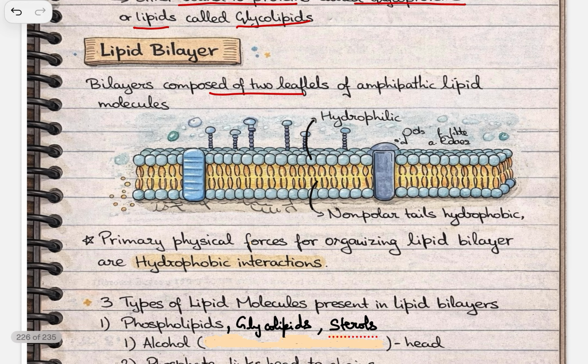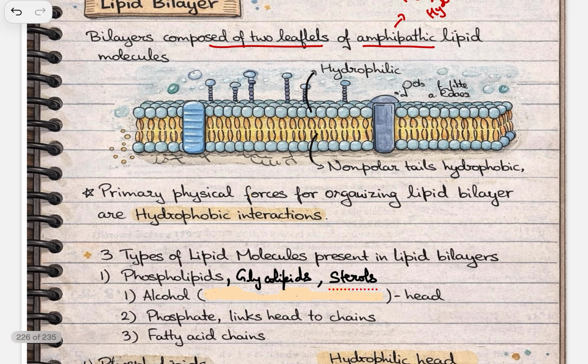Lipid bilayer is composed of two leaflets of amphipathic lipid molecules. Amphipathic means both hydrophobic and hydrophilic. So we have hydrophilic heads and non-polar or hydrophobic tails.